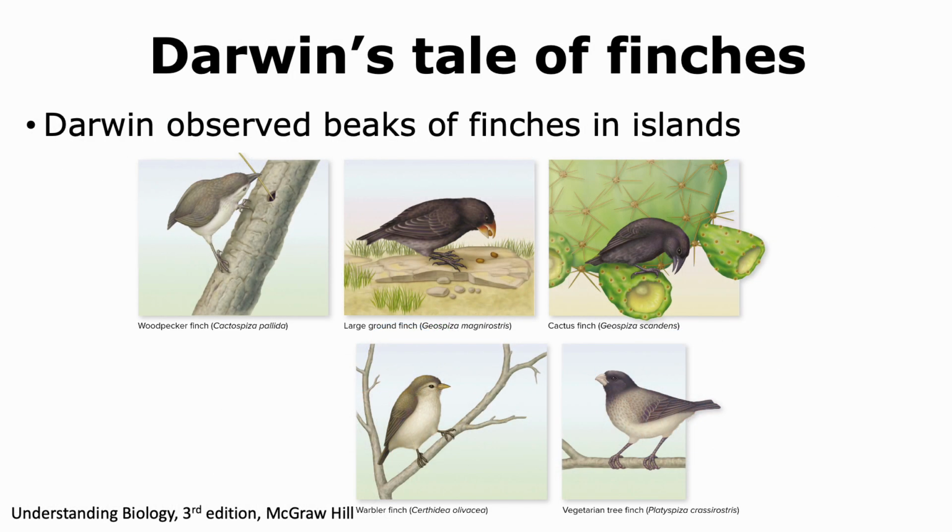Alfred Russel Wallace and Charles Darwin studied different animals around the world and, based on their observations, proposed the concept of natural selection. In the case of Darwin, in addition to different types of organisms, he extensively studied the beaks of finches that were present in the Galapagos Islands.